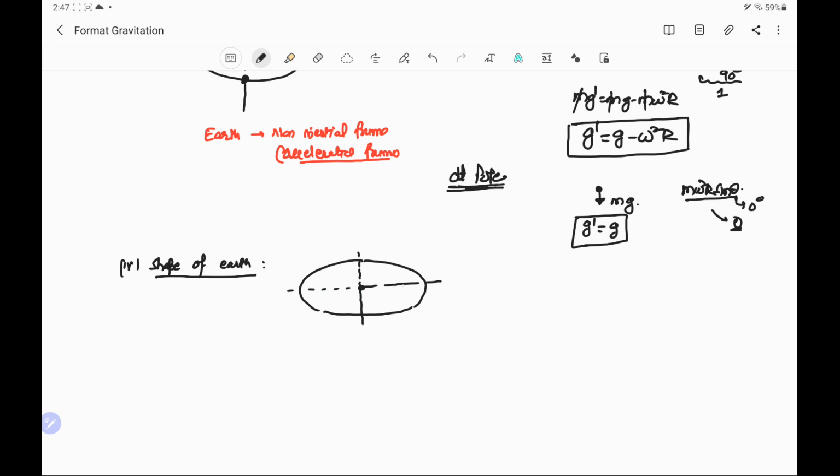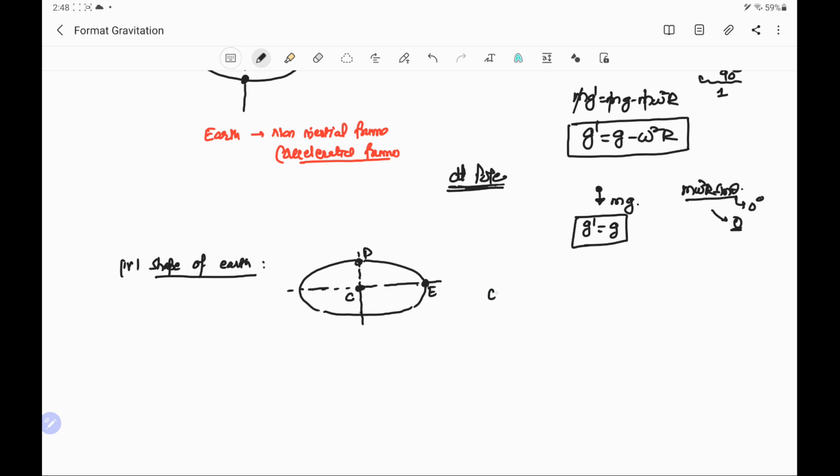This horizontal axis is the major axis, and the vertical axis is the minor axis, and the major axis is larger than the minor axis. That means if the mass is on the equator, it is at a larger distance from the center than at the poles. This is the equator, this is the pole, this is the center.